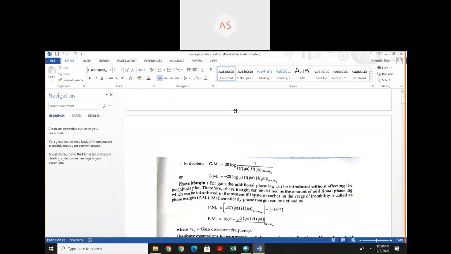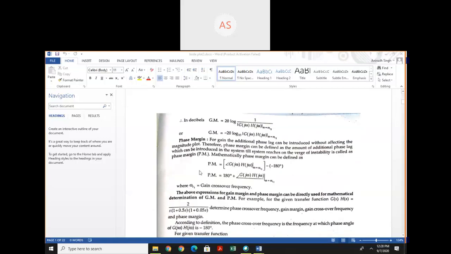Similarly, for phase margin, additional phase angle can be introduced without affecting the magnitude plot.